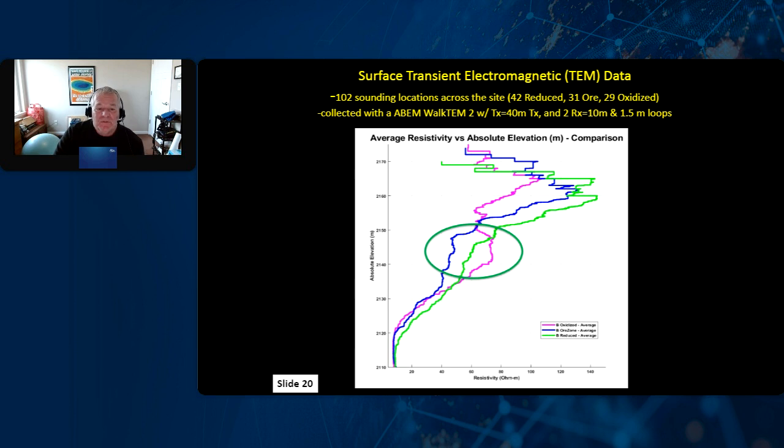We've learned one thing, and I'll mention it in the takeaways here: when we are in these sedimentary basins that have high claystone, mudstone contents, TEM tends to attenuate fairly quickly. And so it works really well in this site because those deposits are really shallow. But as soon as we try to apply it in deeper basins where we're looking at that 200-meter zone, we just don't get any signal from the target interval because we're attenuating too much.